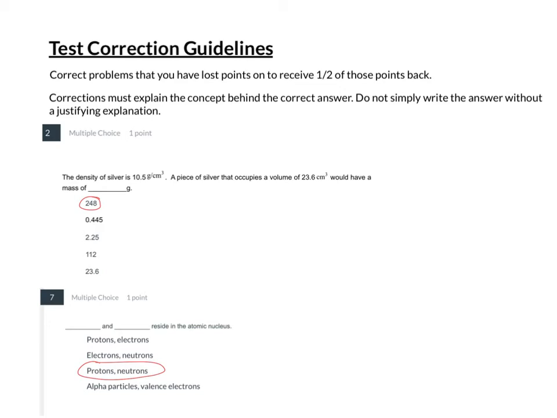So you're going to write, okay, I'm doing number 2. And since we're finding mass, we know we're dealing with density. So now we solve for the mass.